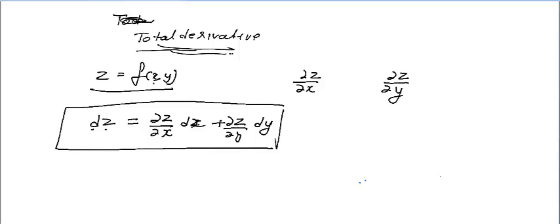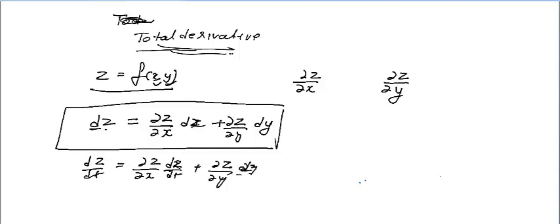How? Because if x and y are depending upon t, then you will write dz by dt only. Then the rest of the things are the same, you will write dx by dt, and the rest of the things will be the same, you will write dy by dt.